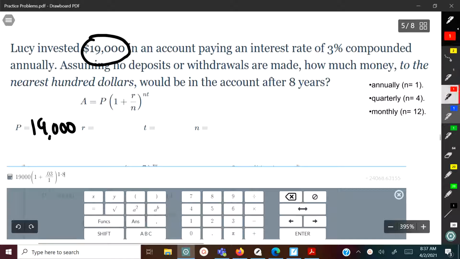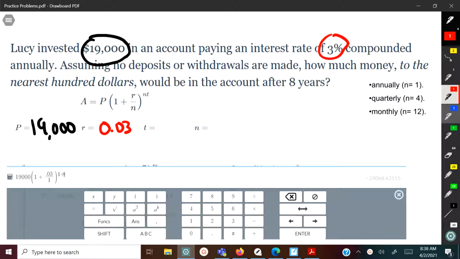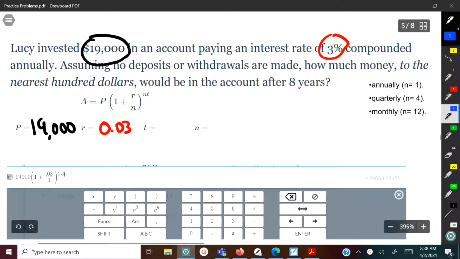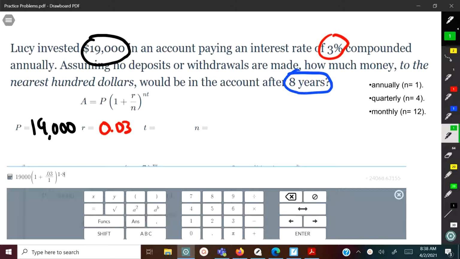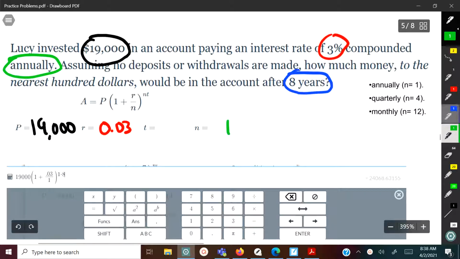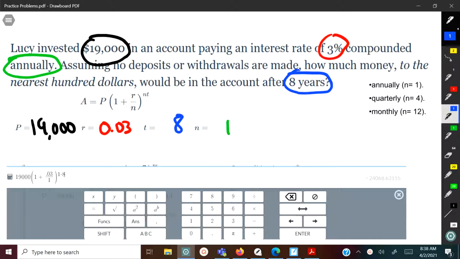Okay, R is the interest rate, 3%, but I'm going to move the decimal 2 places to the left, so that's 0.03. T is the time, change colors, in 8 years. And let's see, annually is how many times it's compounded every year. So you see how I got all those numbers there.